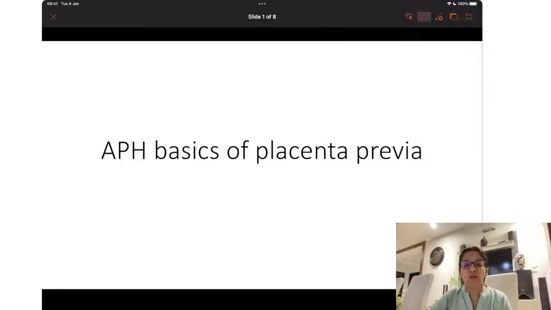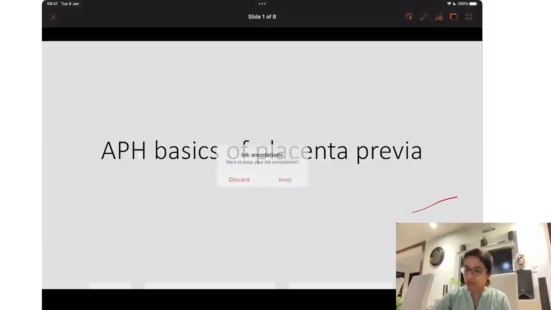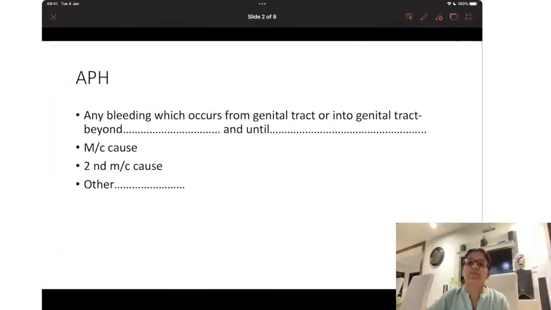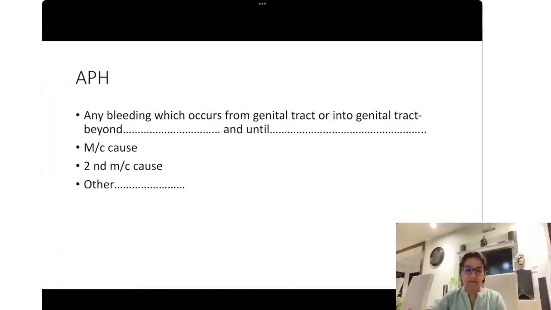Now, before I go into the basics of placenta previa, the first thing you need to know is what is antepartum hemorrhage. Please remember, any bleeding which is occurring from the genital tract or into the genital tract, beyond the period of gestation.